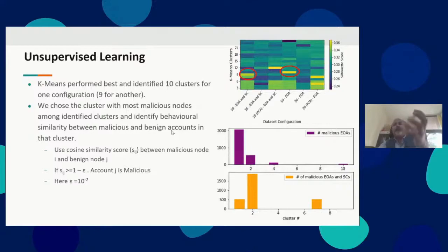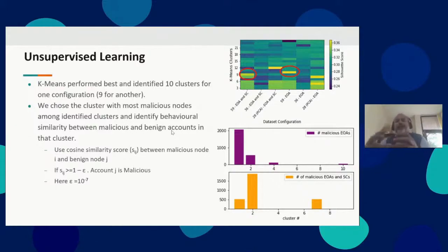We consider Euclidean distance in that vector space and see how many clusters we get. If our feature space is good, then all the malicious ones should cluster together, and all the benign ones should cluster separately, right?